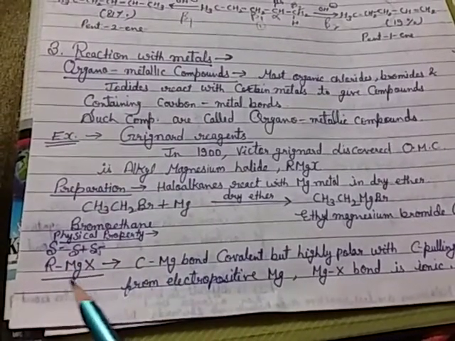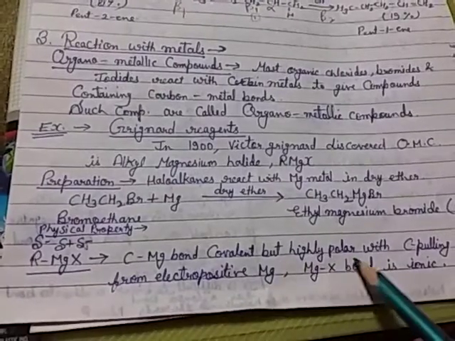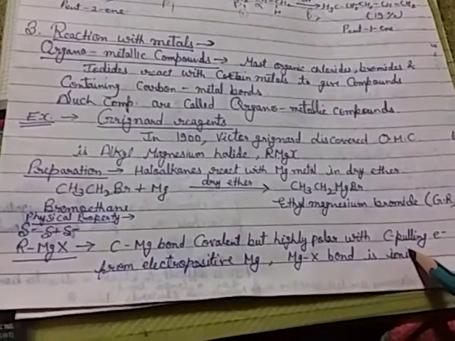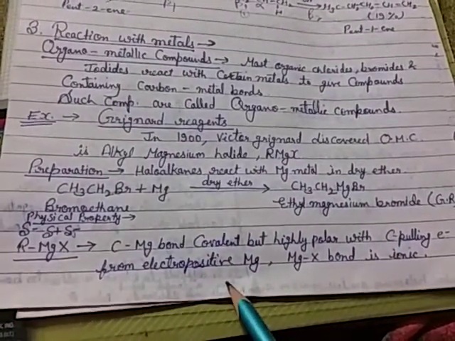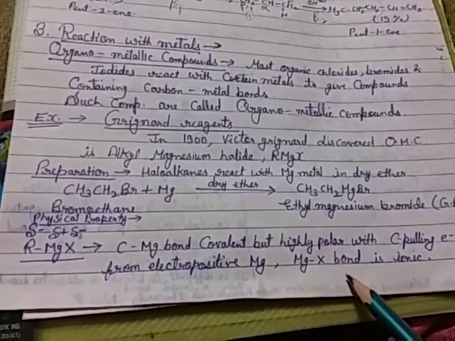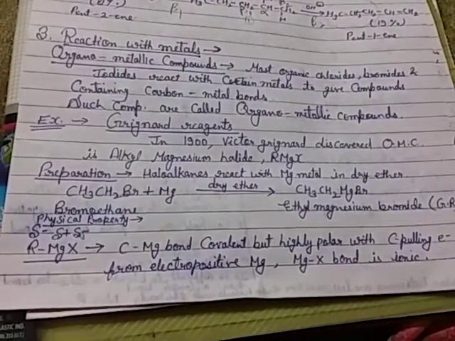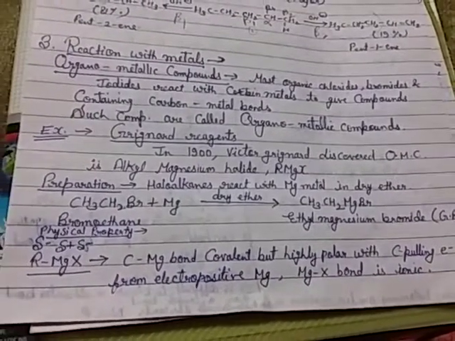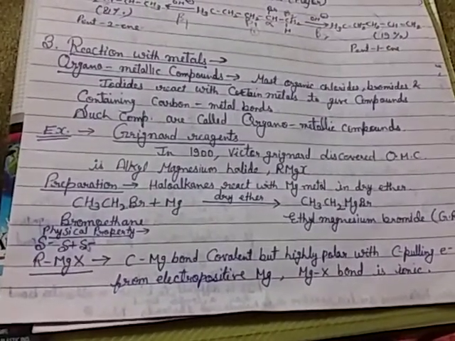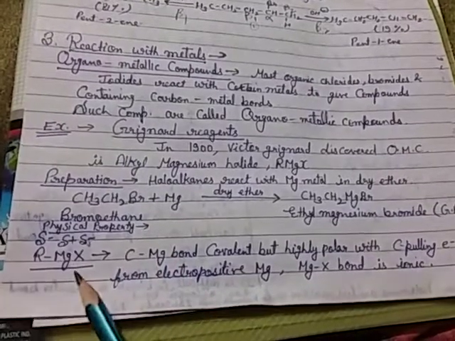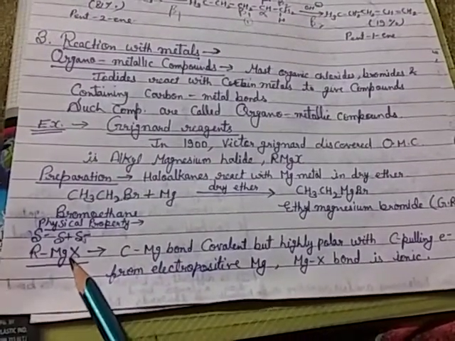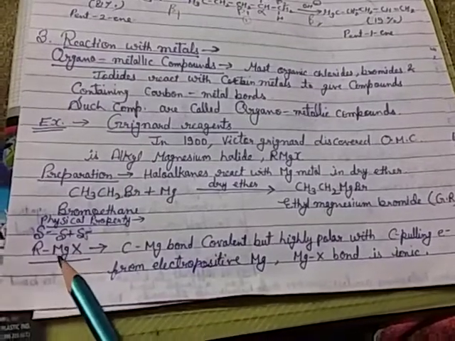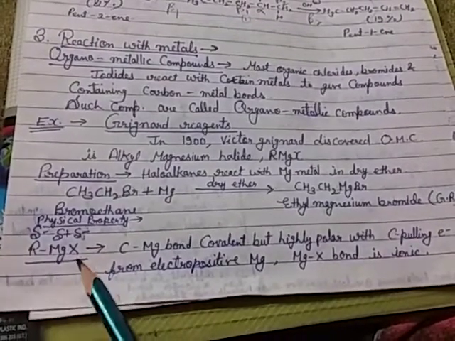The carbon-magnesium bond is covalent but highly polar, with carbon pulling electrons from electropositive magnesium, while the magnesium-halide bond is ionic. The reason is that the carbon-magnesium bond is covalent but highly polar, as carbon attracts electrons from electropositive magnesium, so the magnesium-halide bond is ionic.